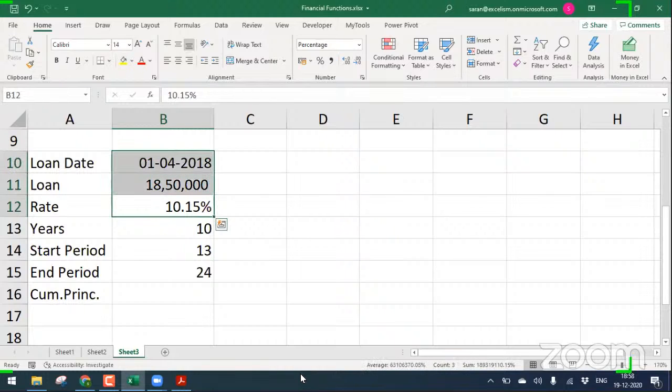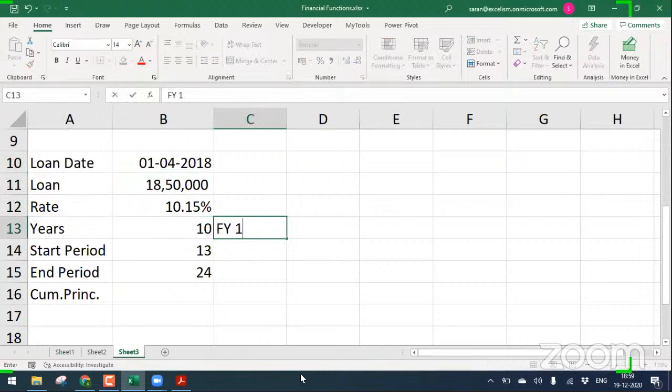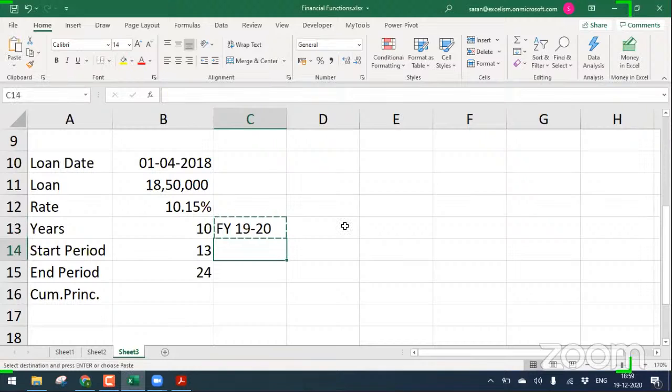These are all three inputs we gather from the client. I'm filing the income tax return for financial year 1920, which means 1st April 2019 to 31st March 2020. The number of years is 10, okay, total.